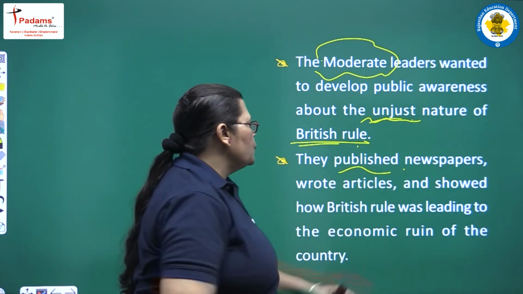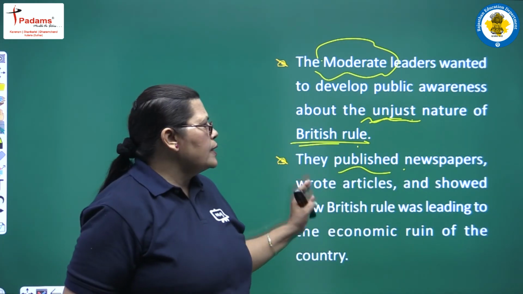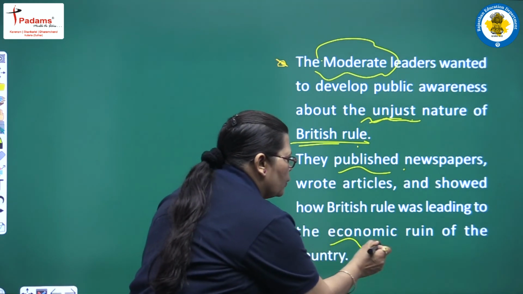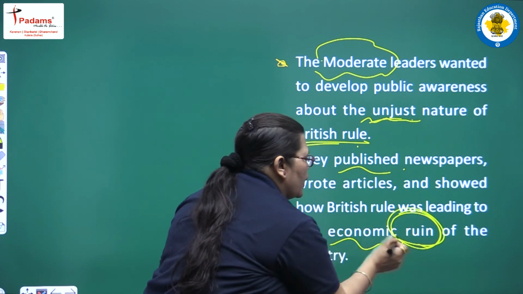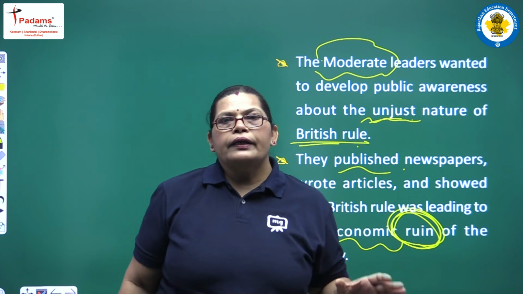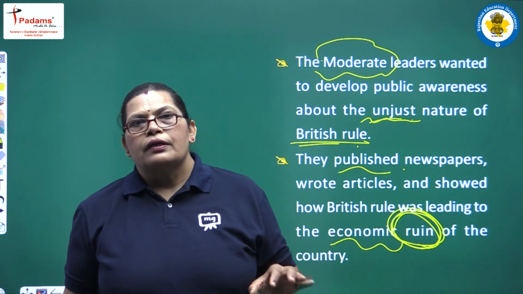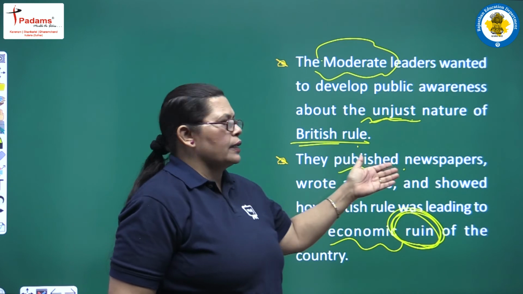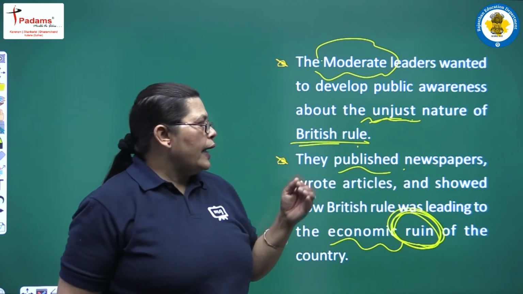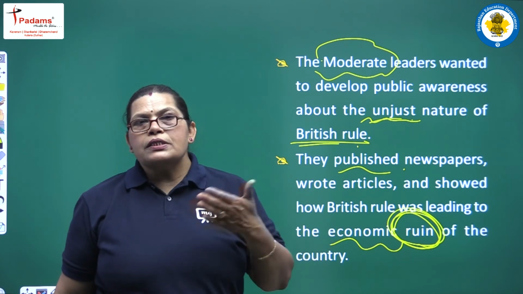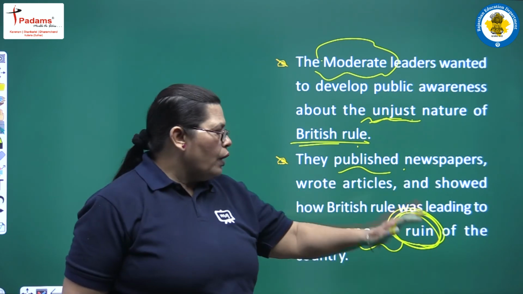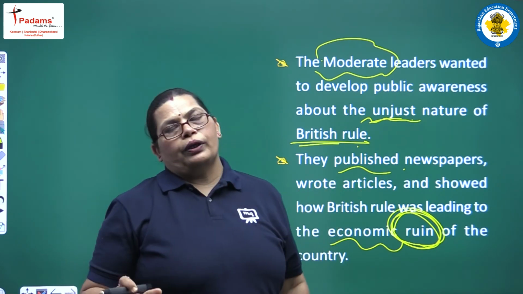They published newspapers, wrote articles, and showed how British rule was leading to the economic ruin of the country. See, these moderate people, they didn't stop their voice. They always raised many things. They published newspapers, they published articles, and in those articles they always showed the poverty of our Indian people. They showed how this British rule was always leading to economic ruin.